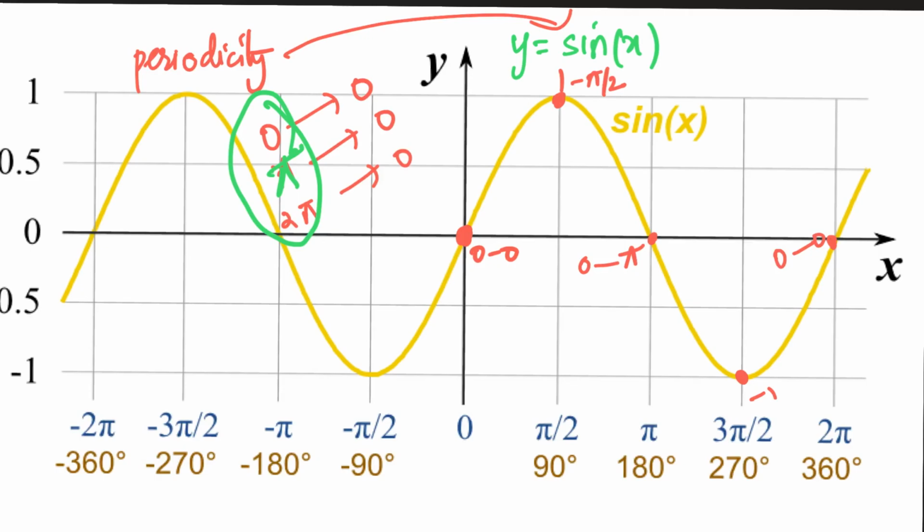The period is basically 2 pi, which also further means that all the 6 trigonometric functions are basically periodic with a period equal to 2 pi.